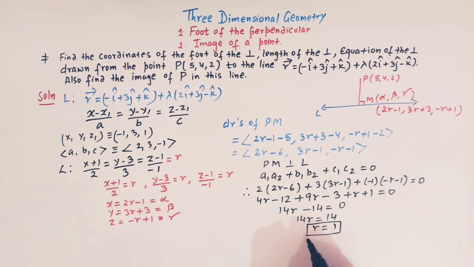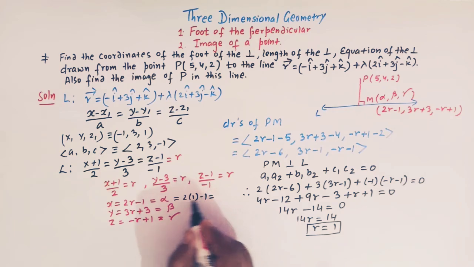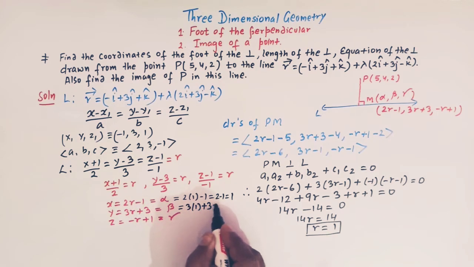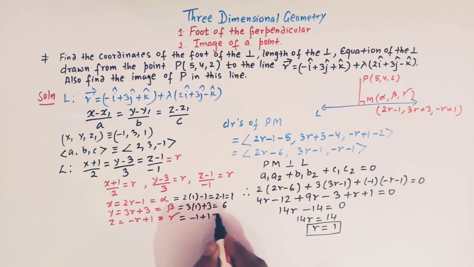So here we have obtained the value of r as 1, and now we can substitute this value of r over here, because we'll get the values of alpha, beta, and gamma, right? So taking r equal to 1 over here, we have 2 times 1 minus 1, so we have 2 minus 1, that is 1. Here we have 3 times 1 plus 3, so we have 3 plus 3, 6, and here we have minus 1 plus 1, that is 0.